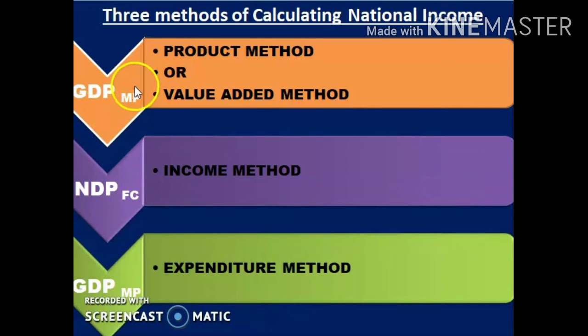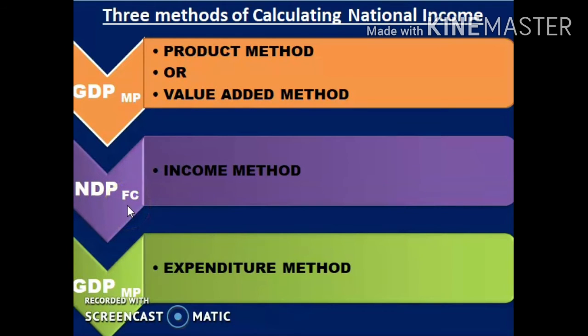There are three methods of calculating national income. First is the product method or value added method. Second is the income method. Third is the expenditure method. When we calculate by the product method, the term you have to find first is GDP-MP. When you use the income method, the term you have to find first is NDP-FC.